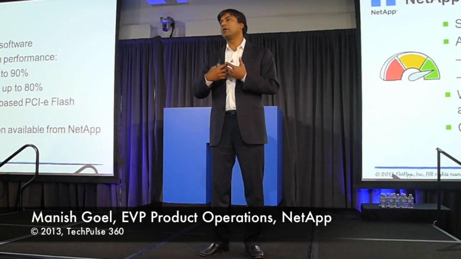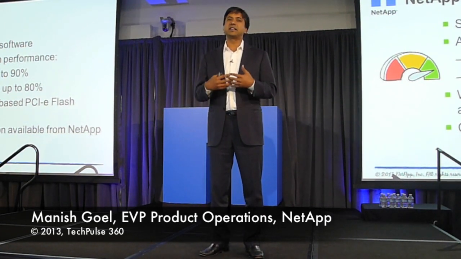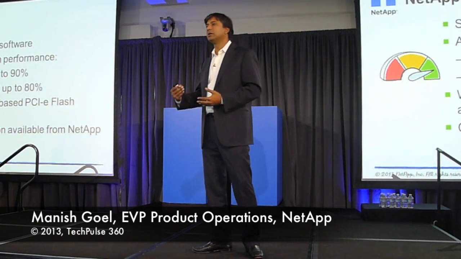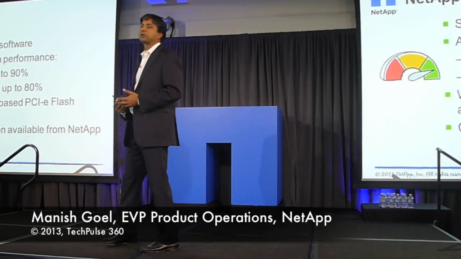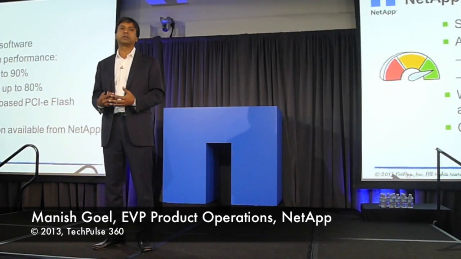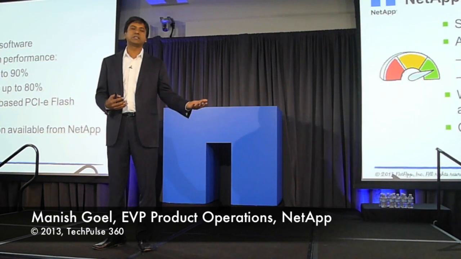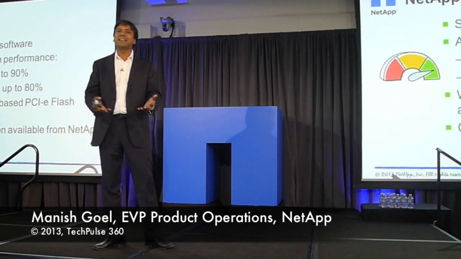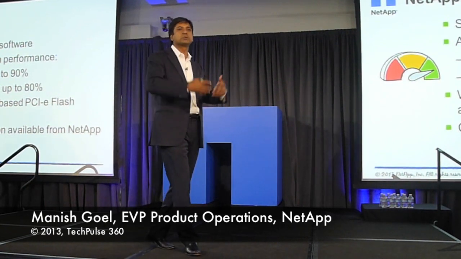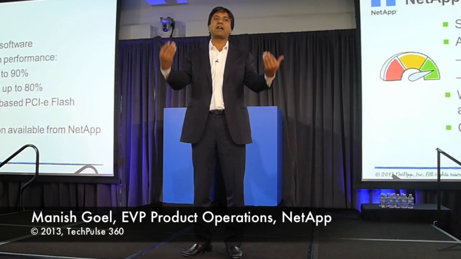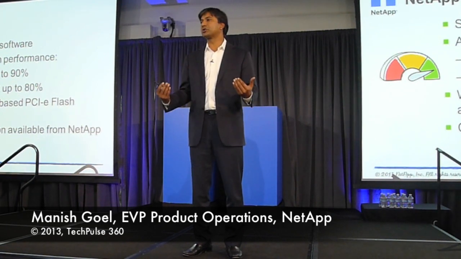We have made a choice to be hardware agnostic in how the actual flash hardware shows up on the compute server. There are many different ways in which the hardware can show up in the compute server. It could be in the PCIe form factor, it could be in the SSD form factor, it could be natively embedded in the compute servers by people like Intel. So we are agnostic to how flash shows up in the compute server.